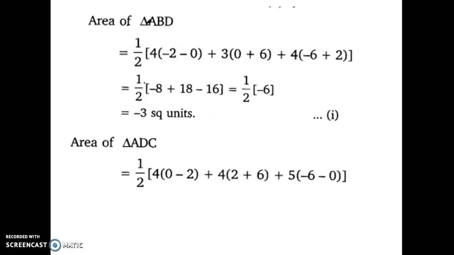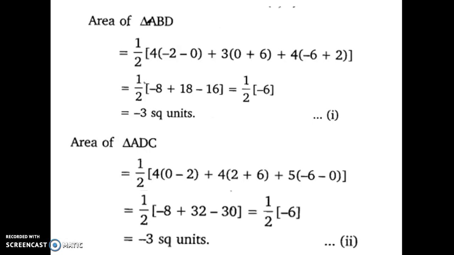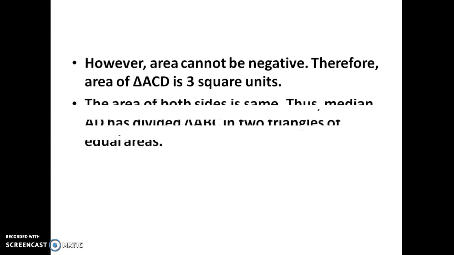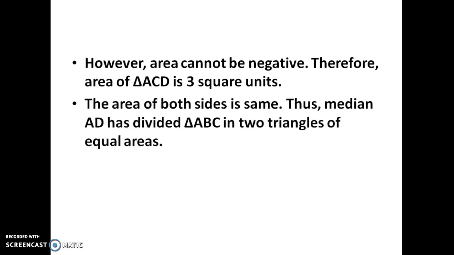We got minus 3 square units again. So both are minus 3 square units. However, area cannot be negative. Therefore, the area of triangle ACD is 3 square units. For both triangles we take it as 3 square units. The area of both triangles is the same.